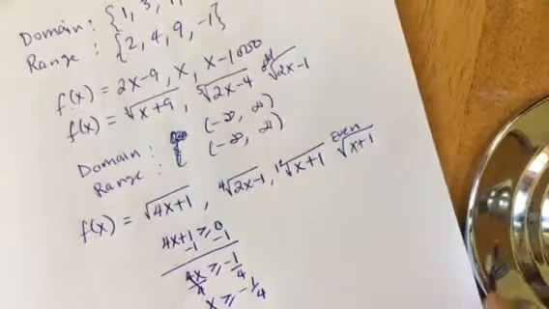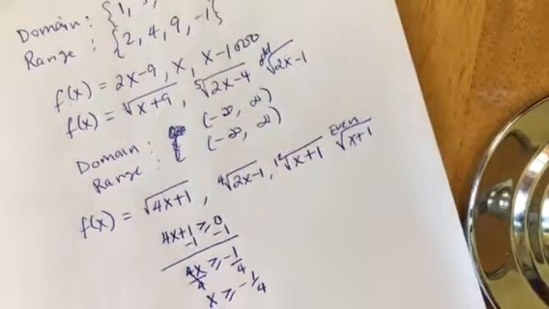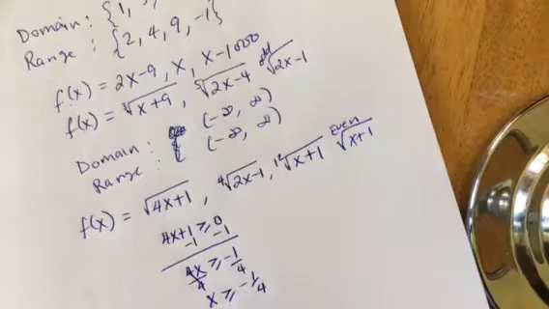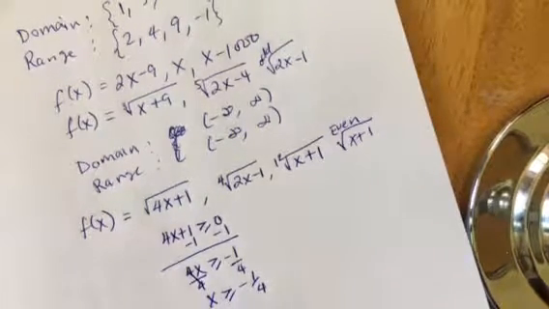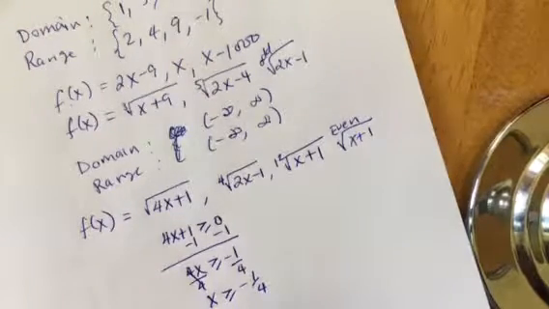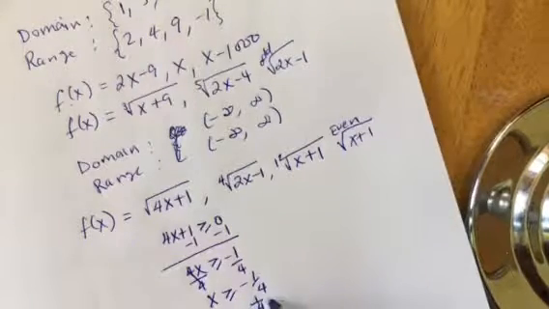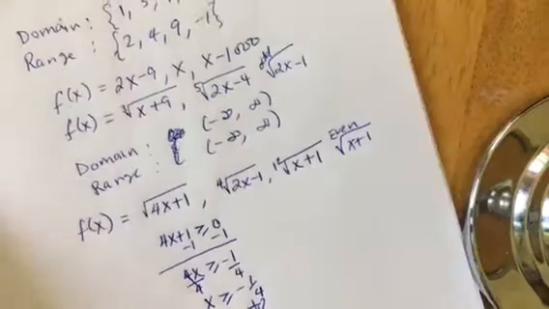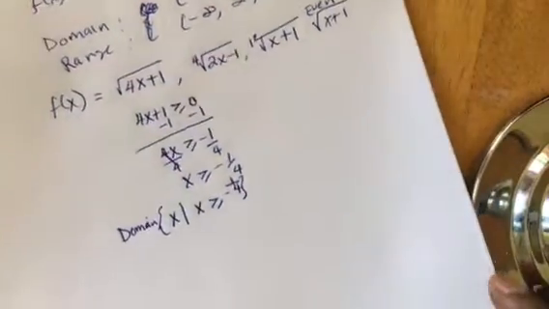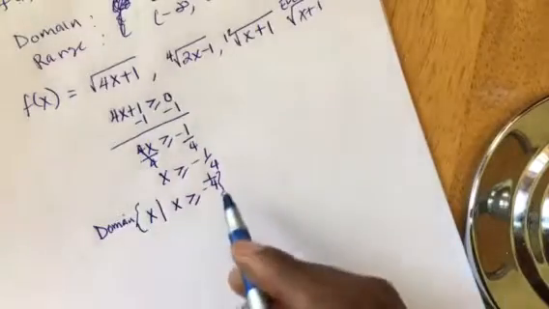So if we have to write it in set builder notation, the domain would be for all values of x such that x is greater than or equal to -1/4. Sorry, you can't see that. And we can also write it as interval notation.